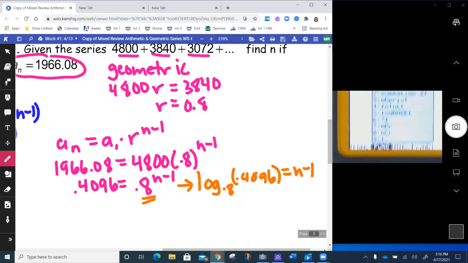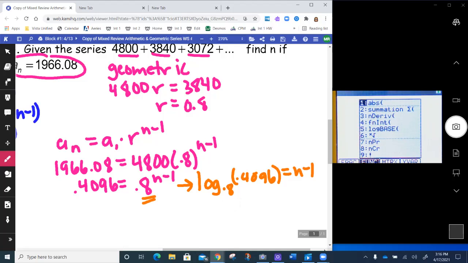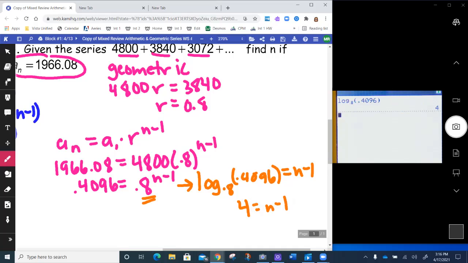And if you press alpha and window, number 5 is log base anything, not just base 10. So I press that, and so you can put a base in. So I'm going to put 0.8 of 0.4096, and it's going to give me 4. So this whole thing is a 4 is equal to n minus 1. So I add 1, and my n is 5. So this is the 5th term.